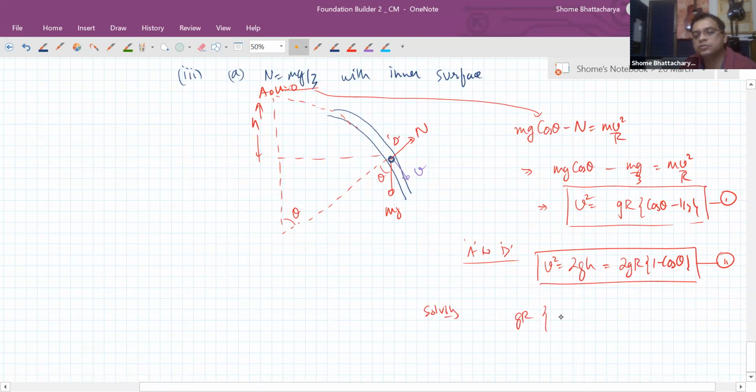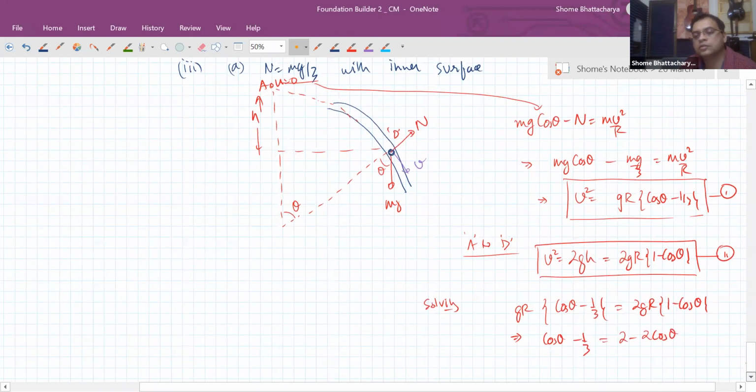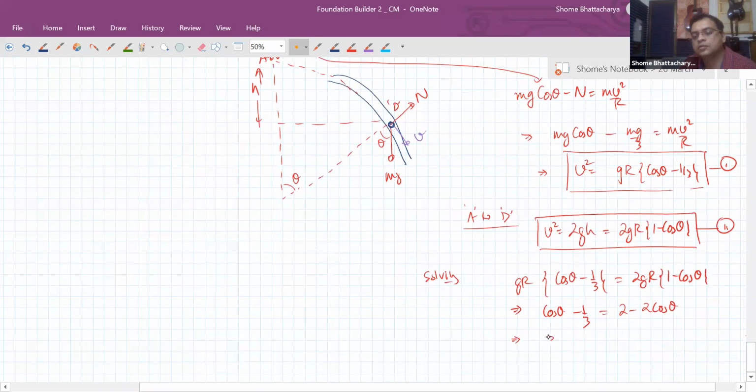So gr into (cos theta minus 1 by 3) is 2gr into (1 minus cos theta). So 3 cos theta is equal to 2 plus 1 by 3, so that's 7 by 3.